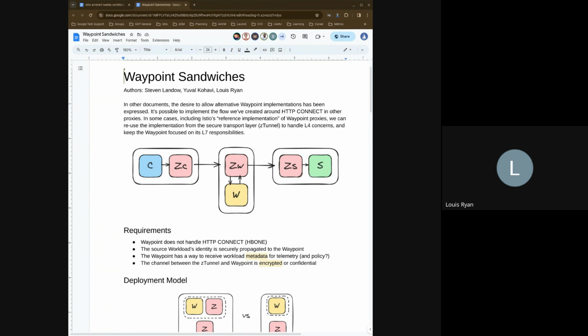So if you want, in a waypoint case, to know that C is talking to S from telemetry, and for S, namespace, identity, or some aspect of the deployment, you have to get that metadata for S into W if W is going to report that telemetry at L7. And since W is the only thing doing L7, really, in this diagram, that would have to occur.